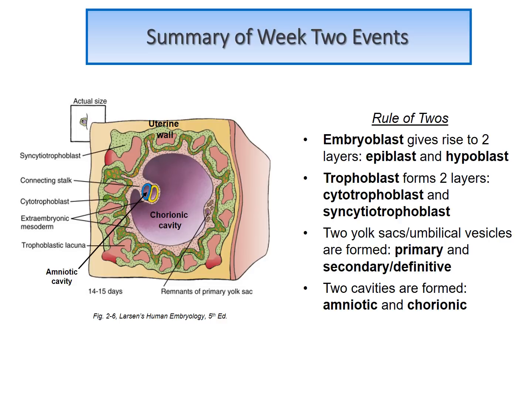The trophoblast forms two layers, the cytotrophoblast and the syncytiotrophoblast, which plays a key role in eroding into the endometrial lining. Two yolk sacs or umbilical vesicles are formed. An initial primary yolk sac, which becomes pinched off to form a secondary, smaller, or definitive yolk sac. Finally, two cavities are formed, the amniotic cavity and the chorionic cavity.